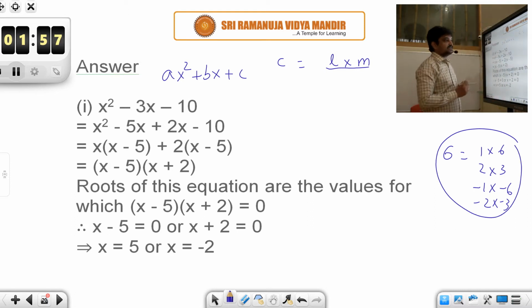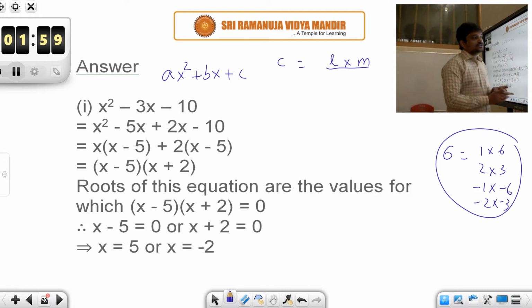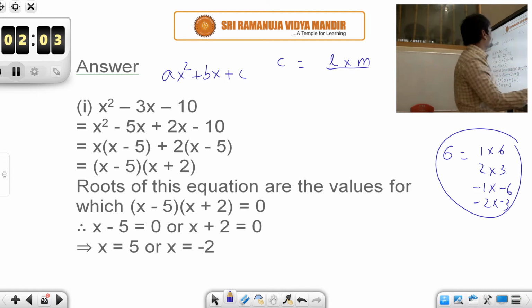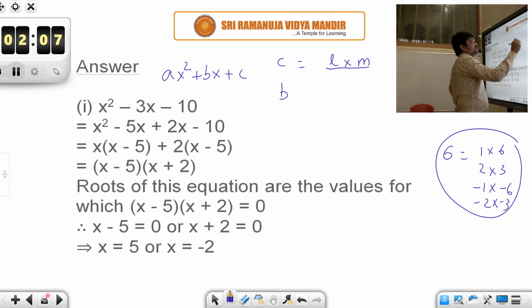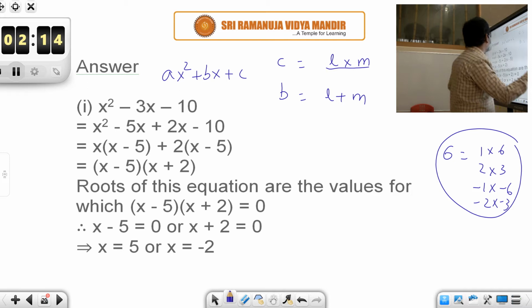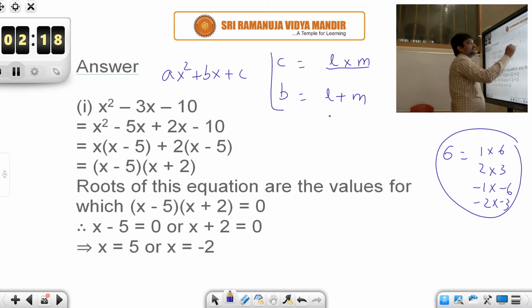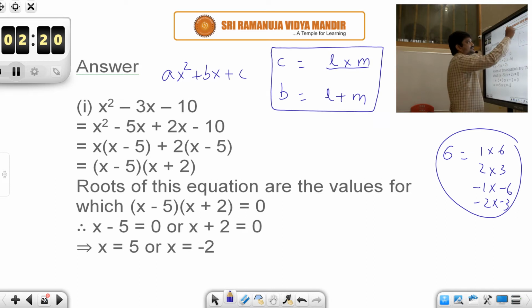But you have to pick such a pair of numbers which gives you the combination b is equal to l plus m. Means when you add these two, you should get the coefficient of x. So you need to choose l and m satisfying these two.